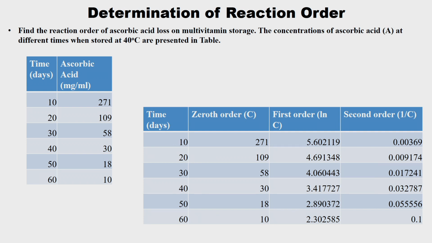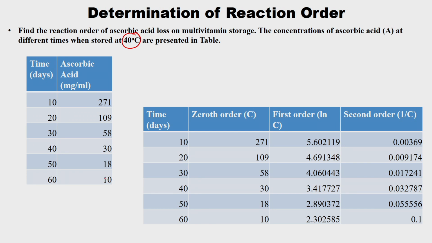They are storing a multivitamin at 40 degree centigrade, and they have given time versus ascorbic acid, measured in milligrams per ml. After 10 days of storage, 271 milligrams per ml; after 20 days, 109; after 30 days, 58; after 40 days, 30; at 50 days, 18; and at 60 days, 10.